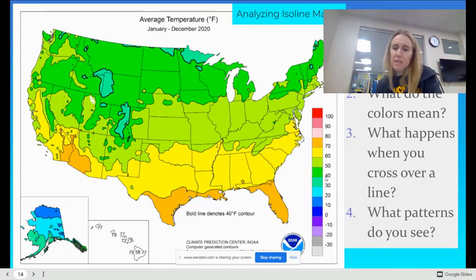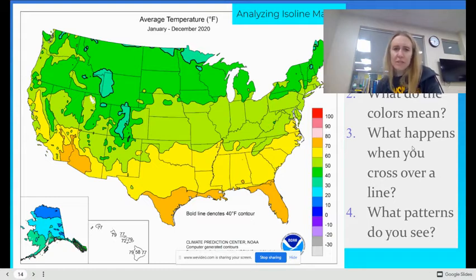And what you see is that this region, which we are part of right here, had an average of between 40 and 50 for that whole year. So the colors represent different ranges of temperature. You notice that because it's going from 70 to 80 here. So that's a range. It's a 10-degree range.